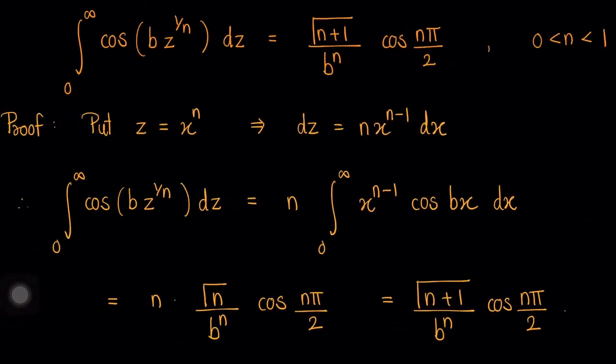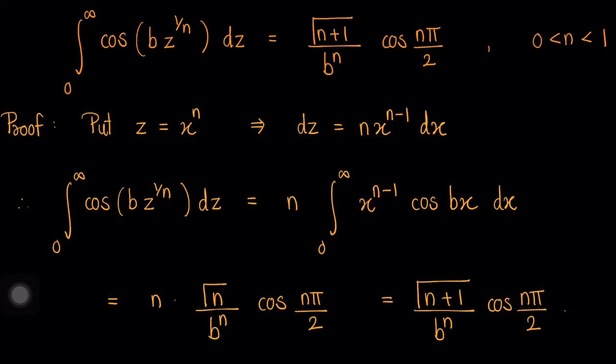So using this formula, the value of the integral from 0 to infinity of x raised to n minus 1 cos bx dx is going to be gamma of n divided by b raised to n into cos of n pi by 2. We can use that formula since this n is between 0 and 1.